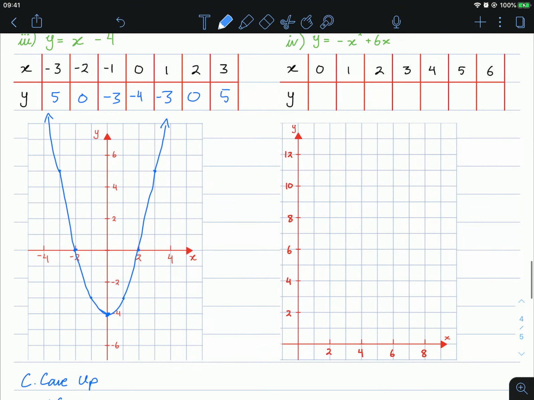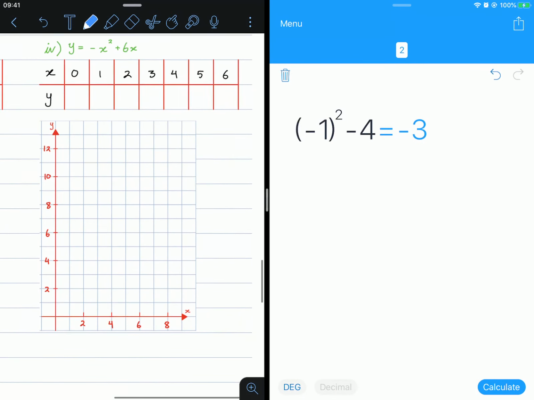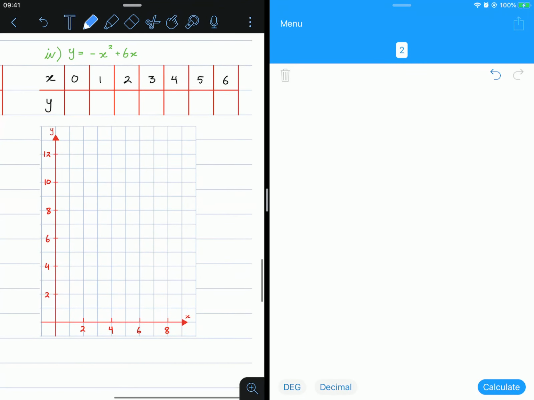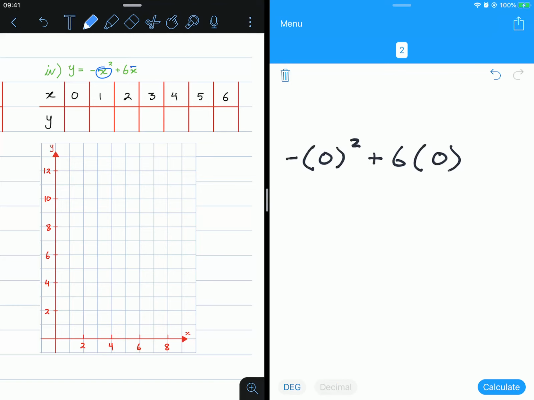One last one here. This time, let's substitute all these values in. Go ahead, pause the video and try yourselves, but I'm going to go rather quickly now. So -0 squared plus 6, 0. Notice how we substituted 0 for where x is on those points there. So this is at 0.